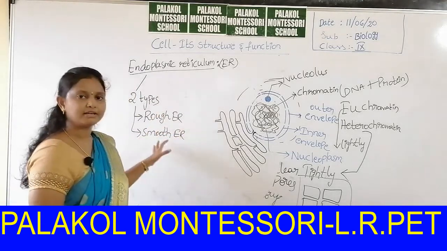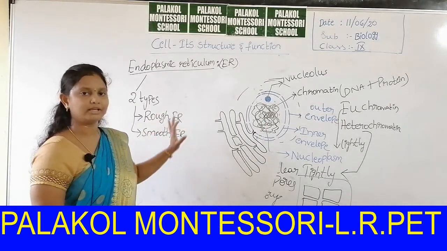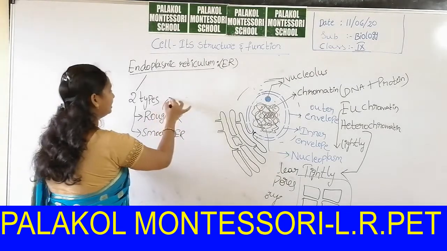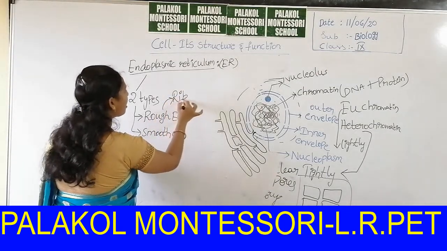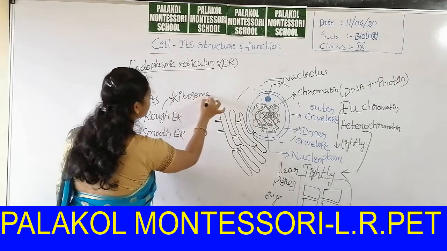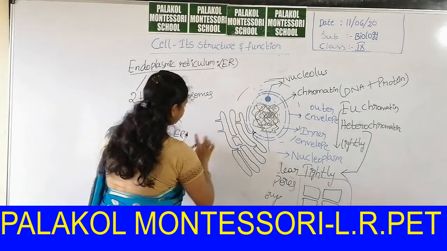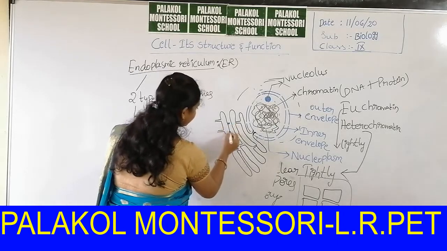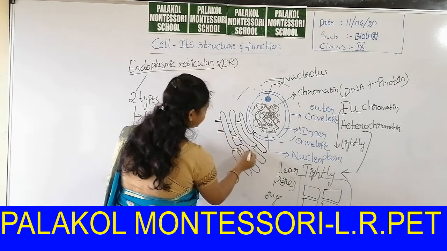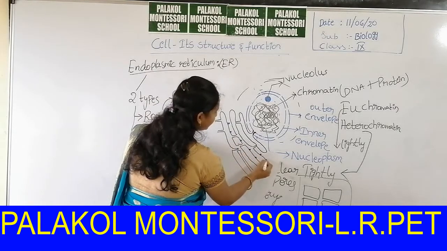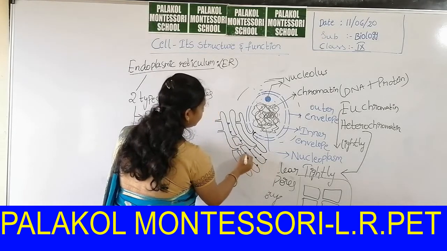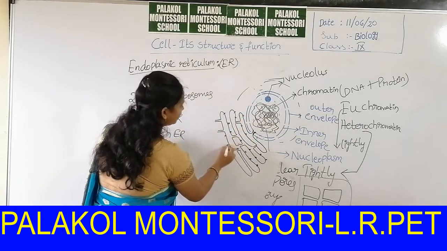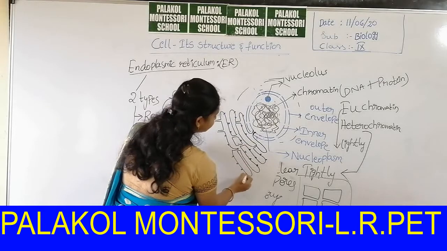What are the differences between rough and smooth endoplasmic reticulum? Rough is the type of reticulum having ribosomes on its surface. These are the ribosomes on its surface. That's why it becomes rough in nature.